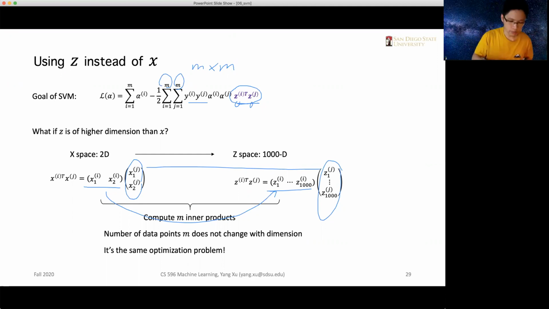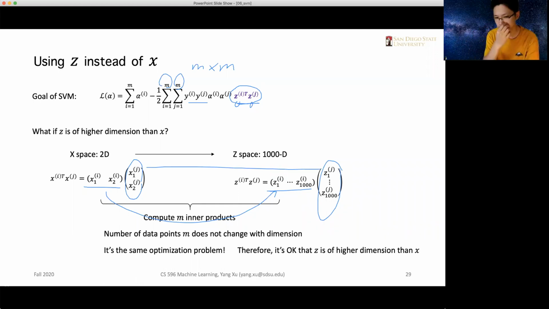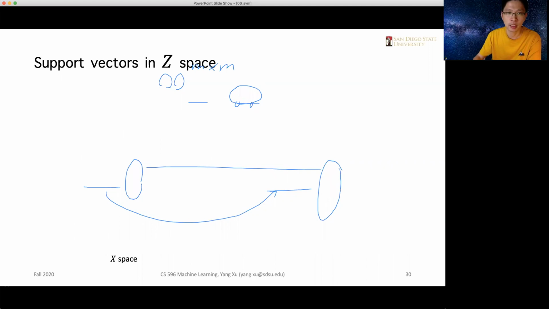It is the same optimization problem that we use to solve the SVM problem. Okay, so we are good. We're happy with this because it gives us a lot of freedom in choosing what kind of z transformation we want to use.